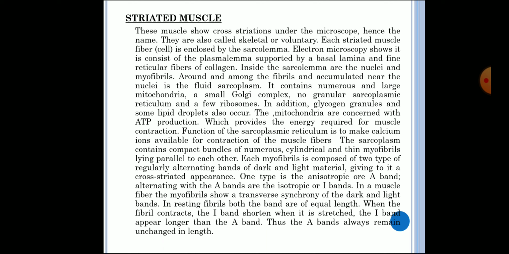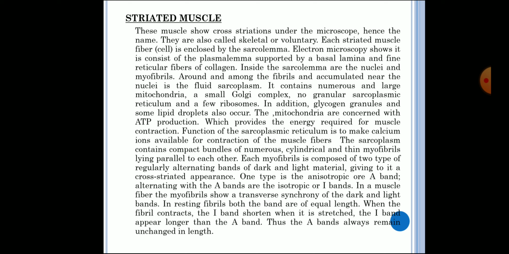It consists of very long, about 1 to 40 millimeter, and uniformly cylindrical multinucleate myofibers about 10 to 100 micrometer or more in diameter. Each striated muscle fiber or cell is enclosed by the sarcolemma.